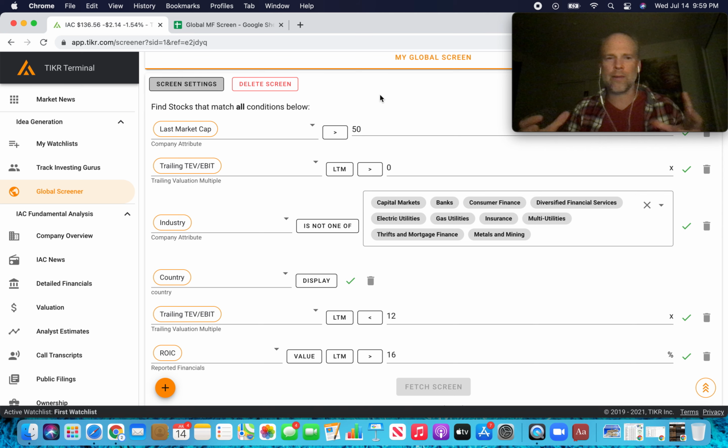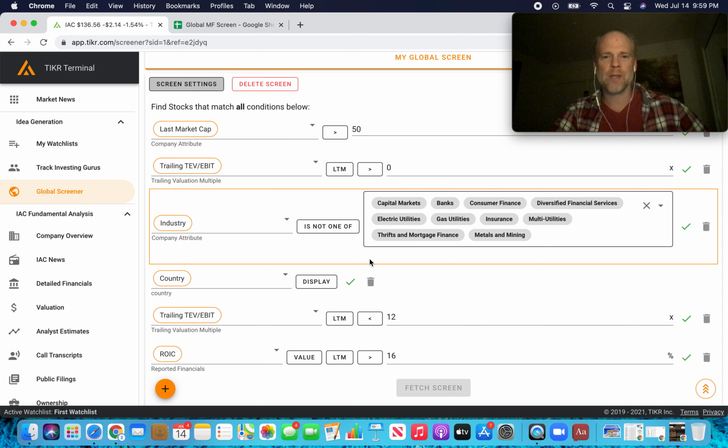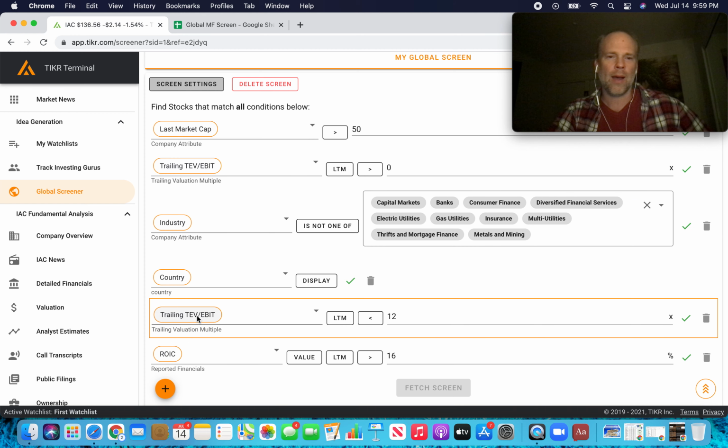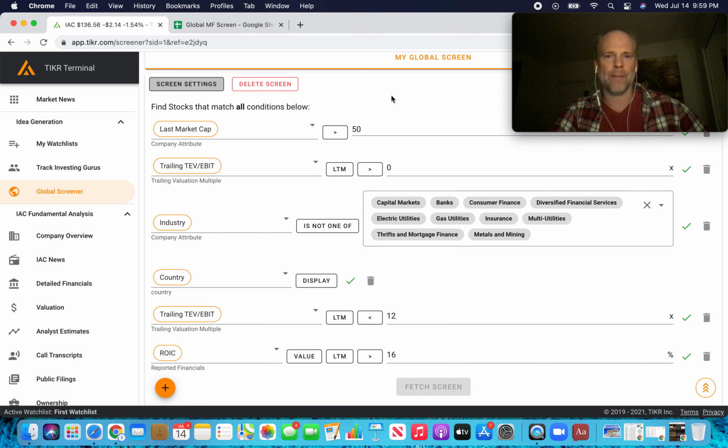But it wouldn't be what you were looking for necessarily, something with negative earnings. So you might specify EBIT has to be above 0, enterprise value has to be above 0, that kind of thing. So you're only getting the results that you think you're getting. But that could be interesting as well, to look at an Acquirer's Multiple screen using TIKR Terminal.